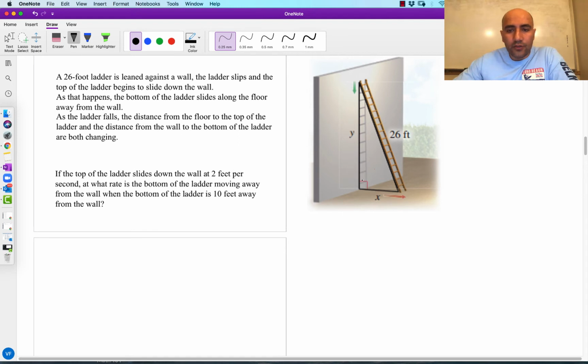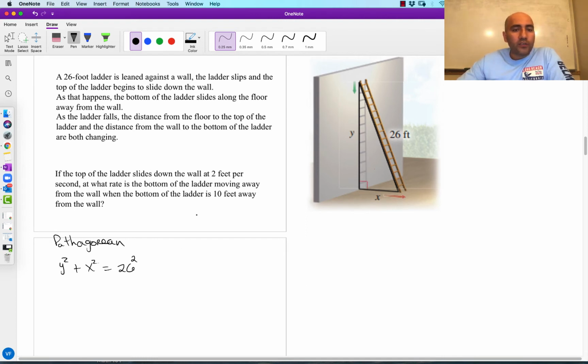And as this picture implies, this makes a perfectly right triangle. So we know that we can use the Pythagorean theorem. So by the Pythagorean theorem, we know that the y variable squared plus the x variable squared is equal to 26 squared.